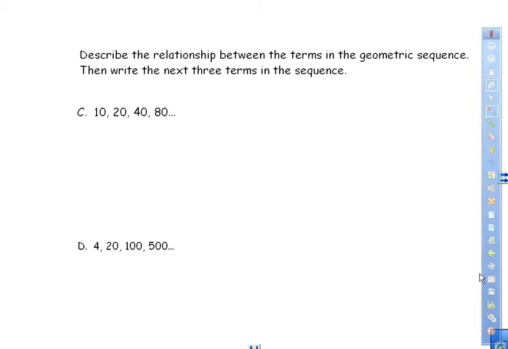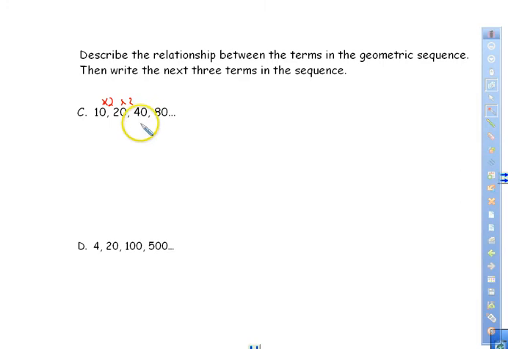Go ahead and hit pause and just do letter C. All right, we are working again, multiplying from 10 to 20, and if you need to, you can always do the inverse and divide to help find that, which is going to be multiplying by 2. You could have found that by saying 20 divided by 10, which gives us 2.